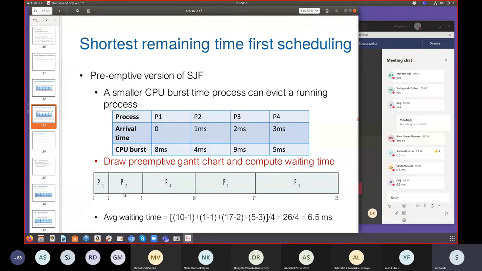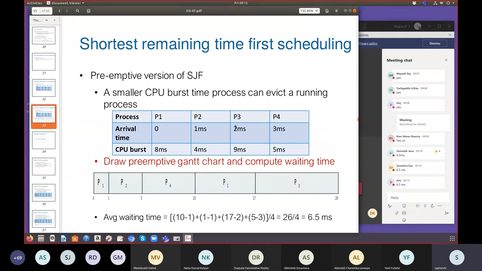So no preemption happens. P2 is allowed to continue. At time t equal to 5, P2 ends. At this point, what are the processes in the system? P1 is there, P3 is there, but right at this point, P4 comes in. So now the kernel sees that for P1, 7 milliseconds are still left.